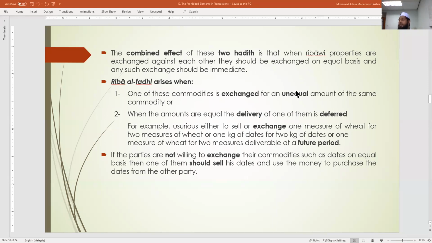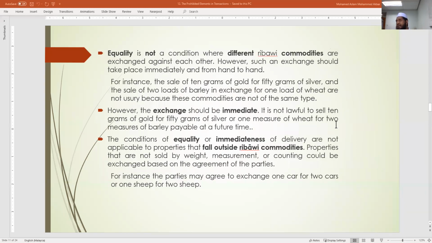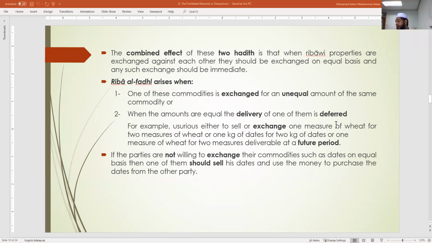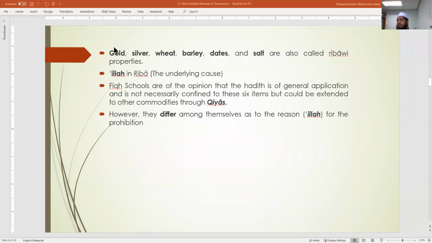But if you look into the six items that the Prophet ﷺ said, we have done extensive research and people are still doing it. In my opinion, so far, the reason the Prophet ﷺ mentioned only these six commodities is that gold, silver, wheat, barley, dates, and salt have a unique characteristic.